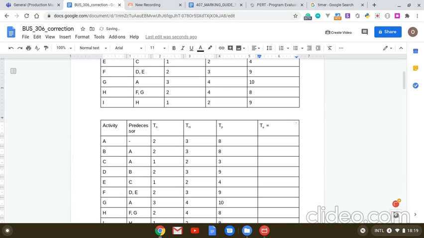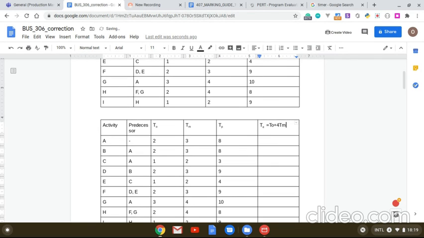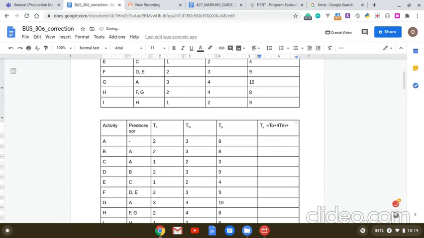To calculate your expected time, it is the total of your TO plus 4 times TM plus TP, all divided by 6.